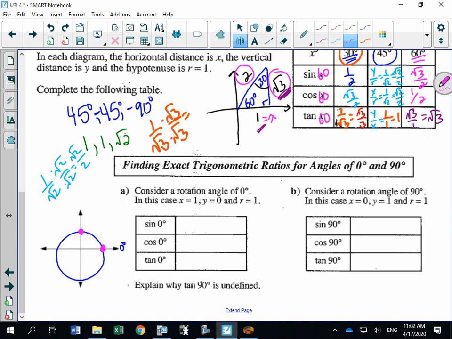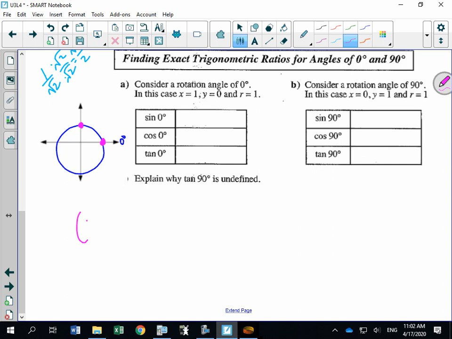the ordered pairs. So if I said, what is the ordered pair at 0 degrees? And remember, ordered pairs are always x comma y.